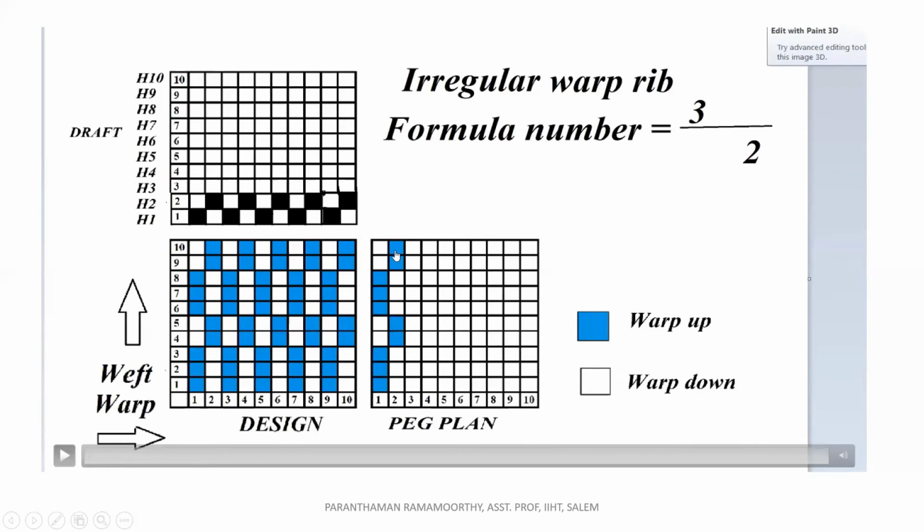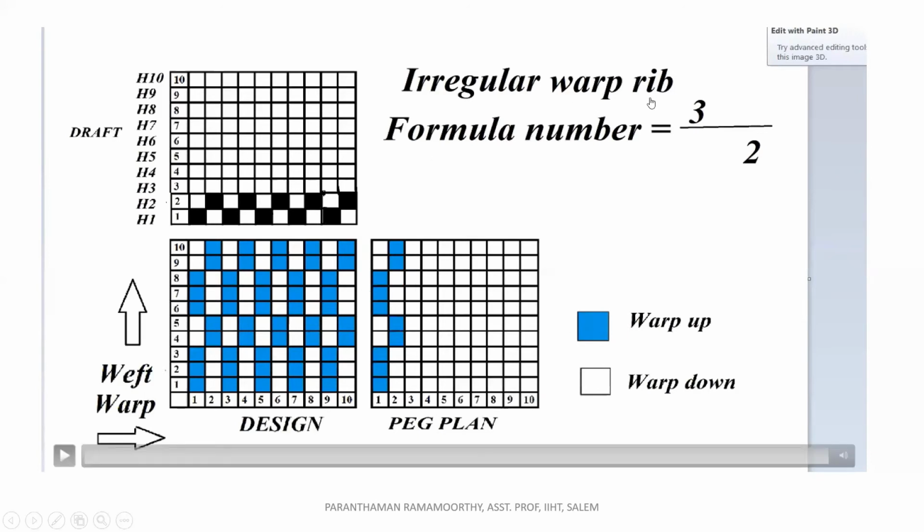The second heald frame is kept down in the first three picks and lifted up in the next two picks. So this peg plan is shown here.